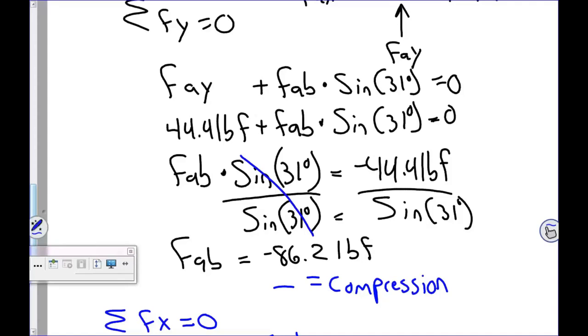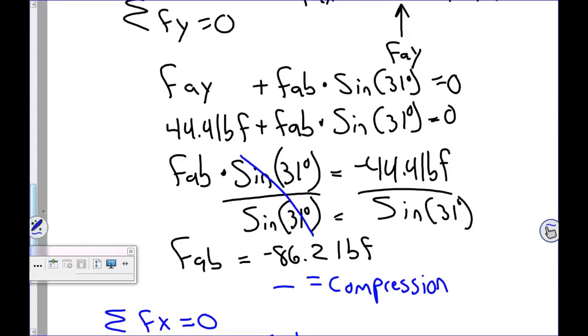Since you're subtracting 44 from 0, it's just negative 44. Negative 44 divided by sine 31. But make sure you close the brackets. If you get negative 86, good. Shelton, you got it? Yeah, I got it.